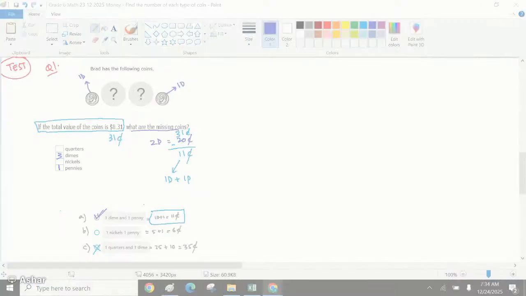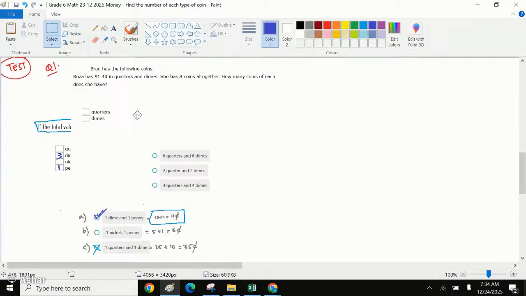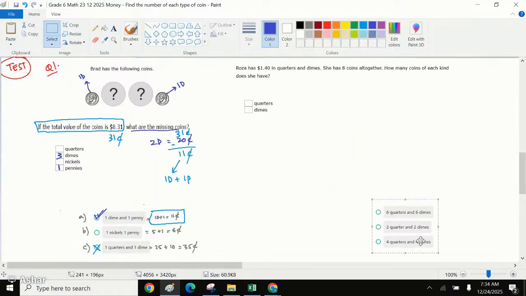The next question says Rosa has $1.40. I'll just copy this. If this is a question, these are the options we have. We need to find the quarters and dimes. And we write it down. Just a minute. How many does she have altogether?